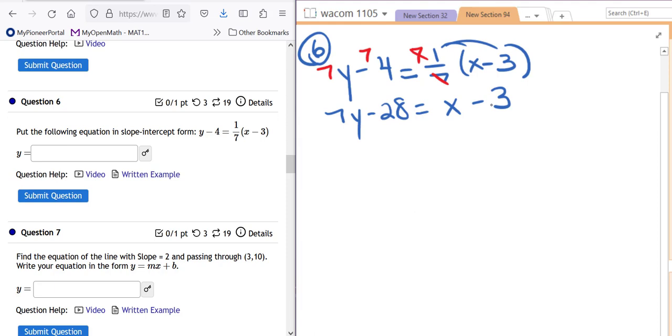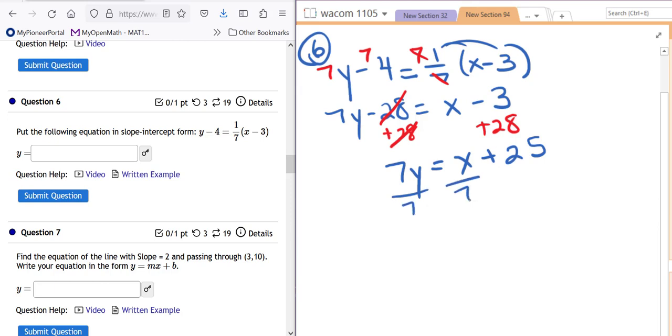And what did they want at the end? Slope-intercept form. So we're going to have to add the 28. And we get 7y equals x. Different signs here, subtract, sign of the larger, which would be 25. And then you have to divide by 7 under each term.